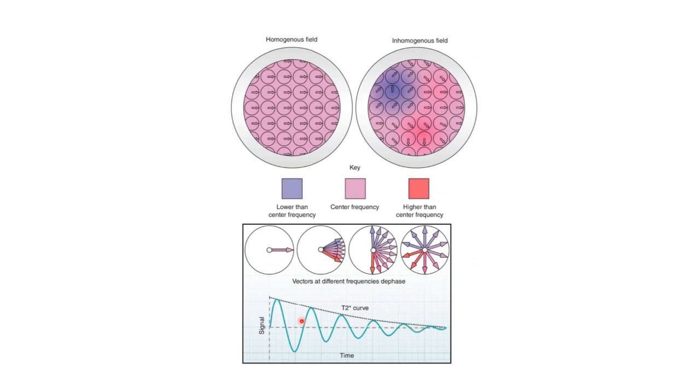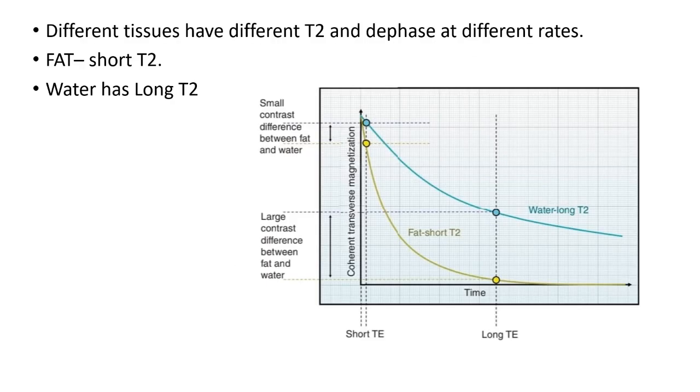It happens more rapidly than we think. Different tissues have different T2 and dephase at different rates. Fat has a short T2 and water has a long T2. Fat decays faster, and decay of transverse magnetization of water molecules takes a longer time.